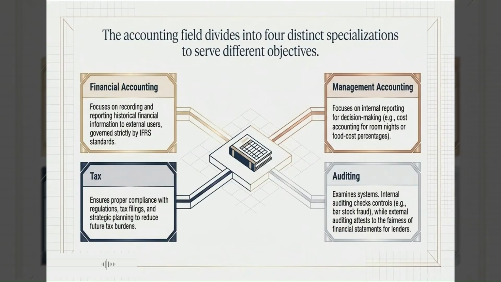The question, how did this hotel perform last financial year, is a financial accounting question. And the bank and the revenue authority will ask it. The question, should we close the restaurant on Mondays next winter, is a management accounting question. And only the internal team will ever see the answer.